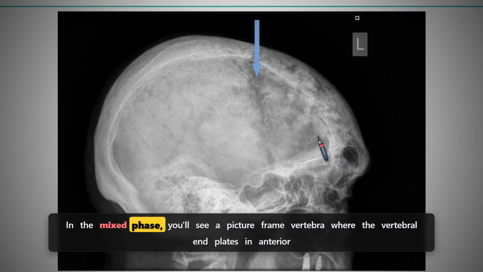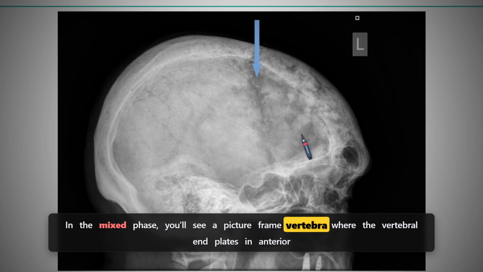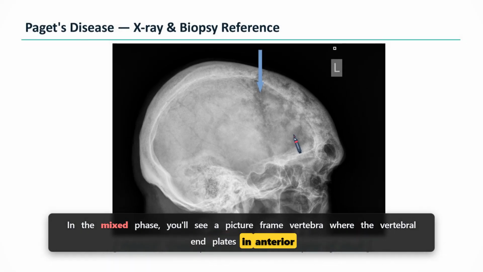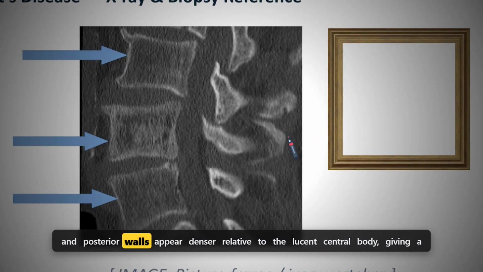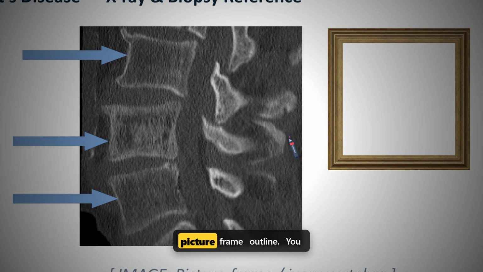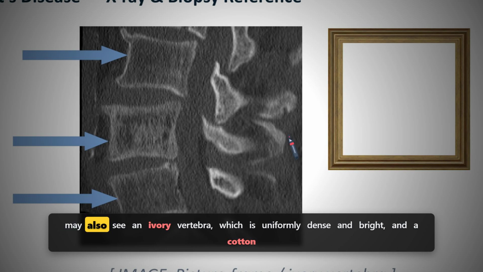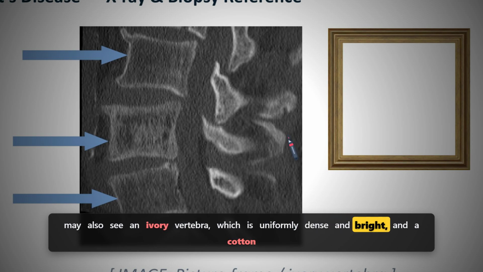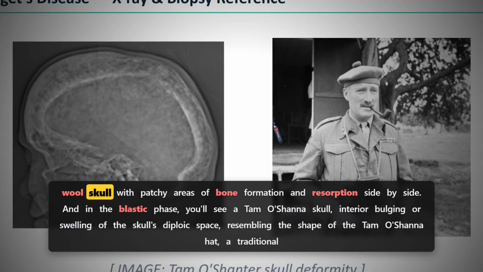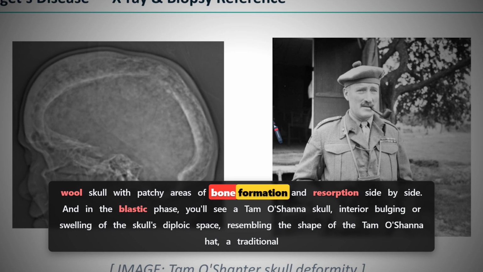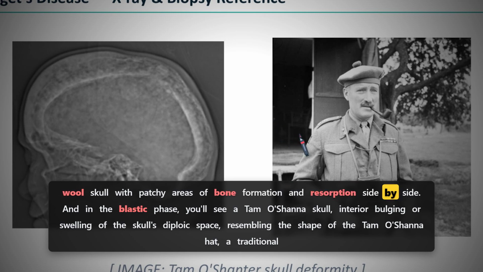In the mixed phase, you'll see a picture frame vertebra, where the vertebral end plates and anterior and posterior walls appear denser relative to the lucent central body, giving a picture frame outline. You may also see an ivory vertebra, which is uniformly dense and bright, and a cotton wool skull, with patchy areas of bone formation and resorption side by side.